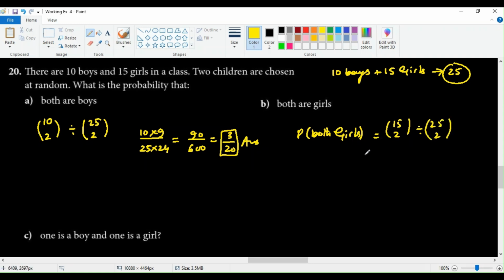So for the first one, we'll write 15 times 14 and divided by 25 times 24. So this one is going to give us 210, and down below we have 600, we know very well. So final answer is going to be 7 over 20. So this is the answer for this part of the question.